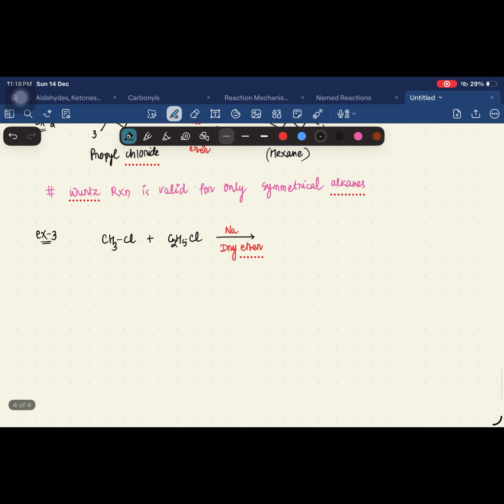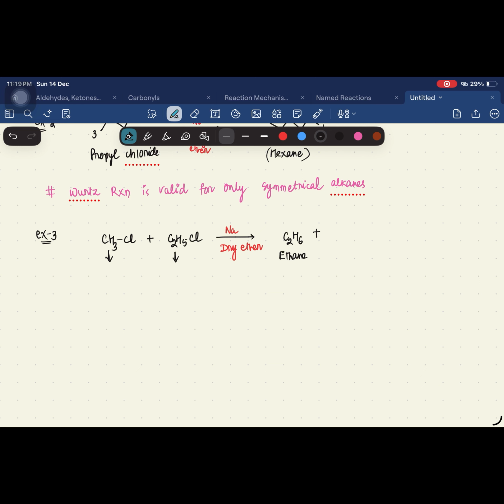Obviously CH3 will combine with another CH3 to form the corresponding product, C2H6, which is called ethane.